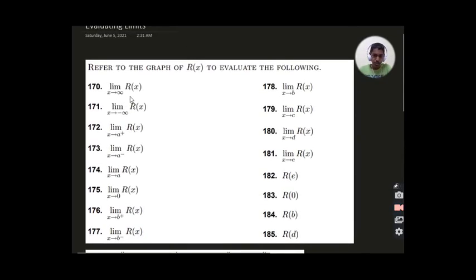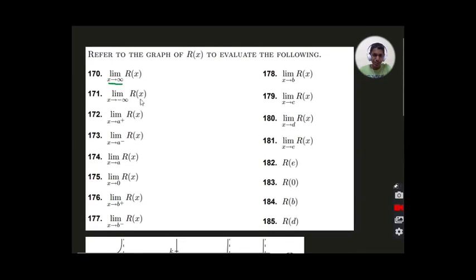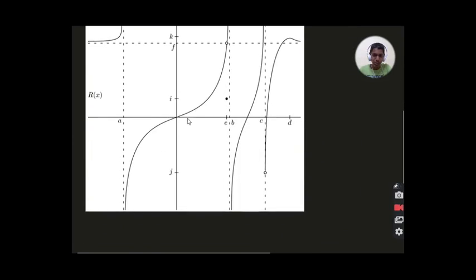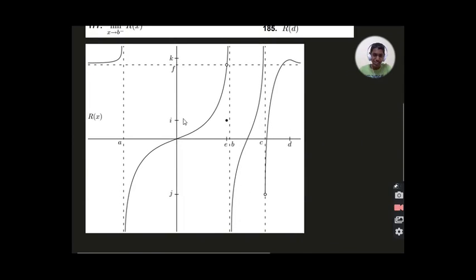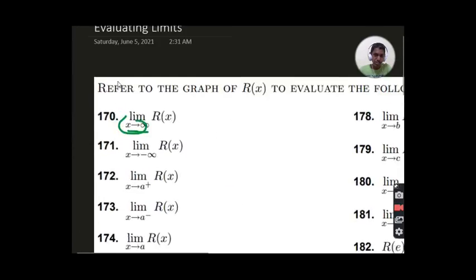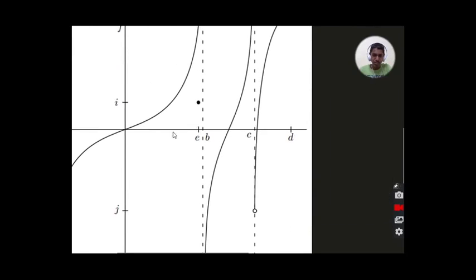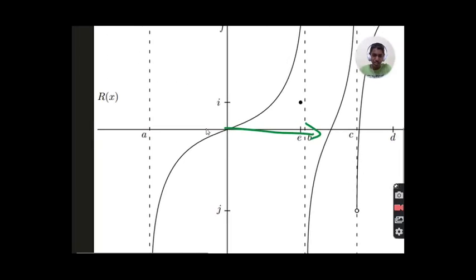So, let's start with x approaches infinity. What does this really mean? Well, x is going to positive infinity. That's literally what this notation is trying to say here. And where is positive infinity? That's going to be that way, right? To the right.